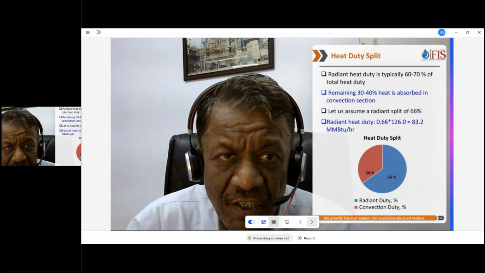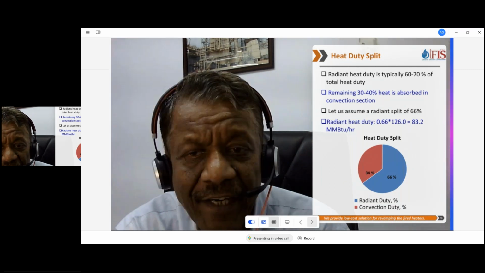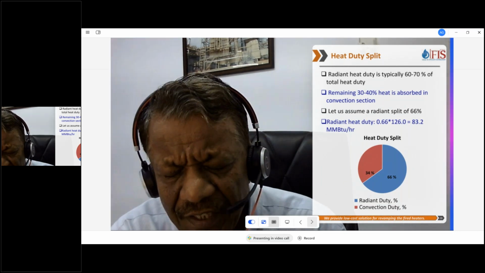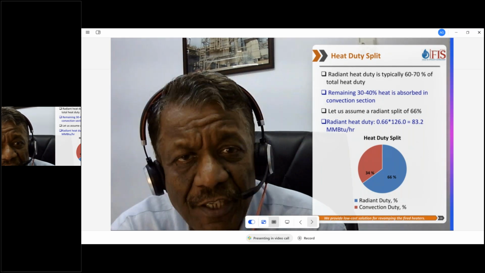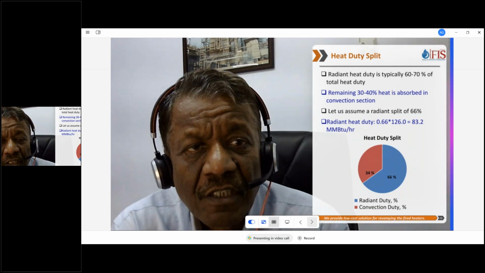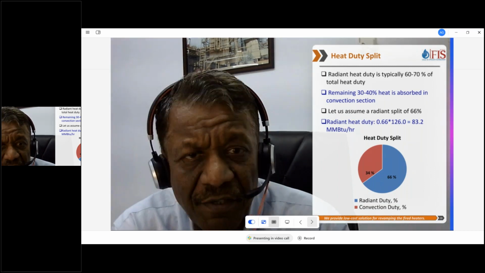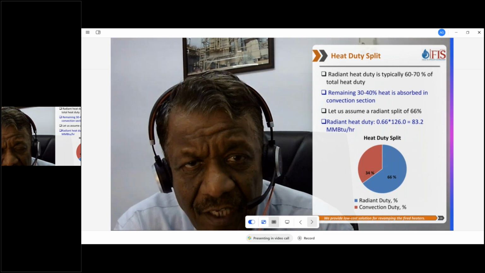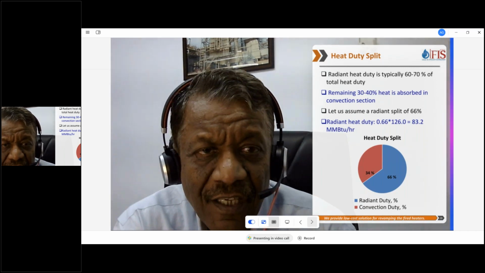Here the first thing we asked was, what is the split between the radiant and convection sections? Generally, as I said, 60 to 70% is absorbed in the radiant section and the remaining 30 to 40% in the convection. We are assuming a split of 66%.